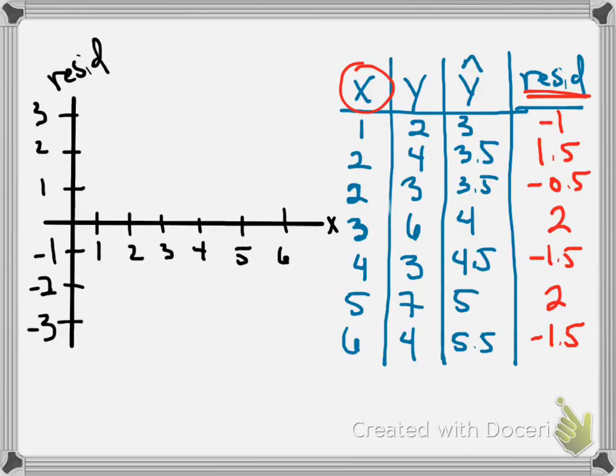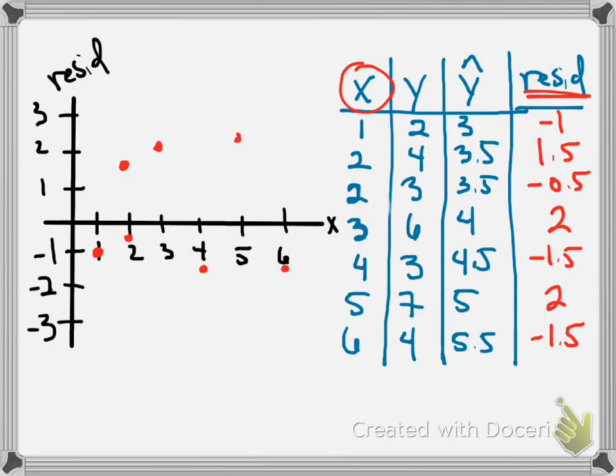So on our residual plot, I'm going to plot the point (1, -1) first, and then we've got (2, 1.5), also (3, -1/2), (4, 2), (5, -1.5), and (6, 2), and (7, -1.5). So there's our residual plot.